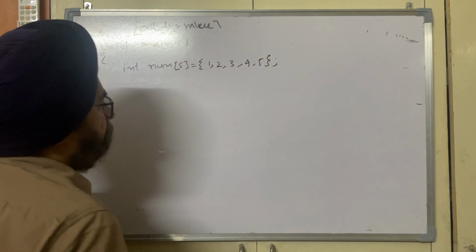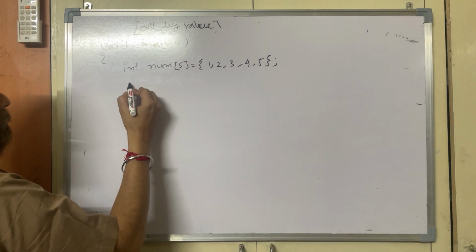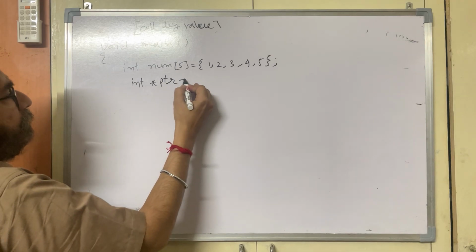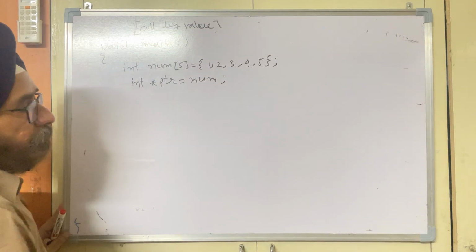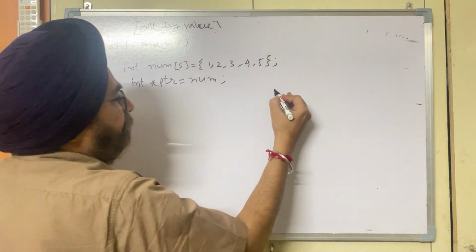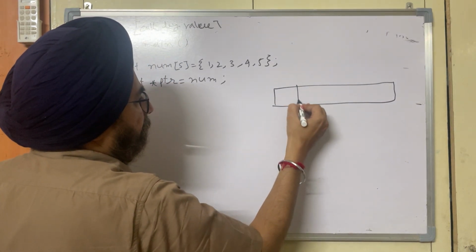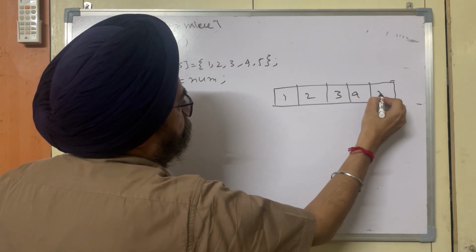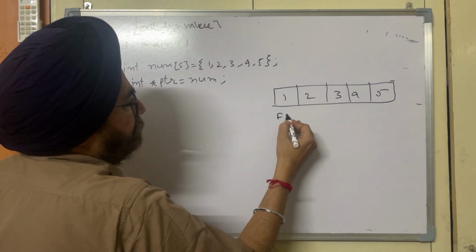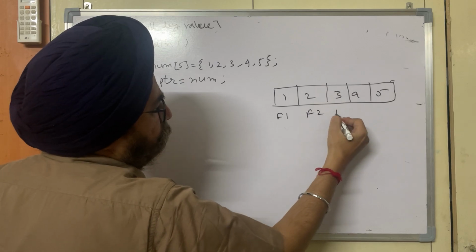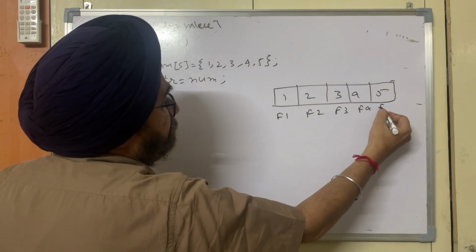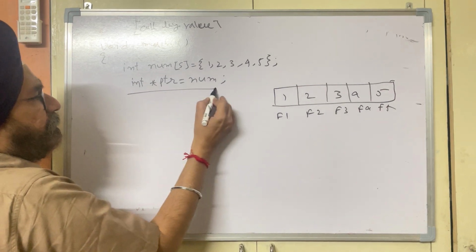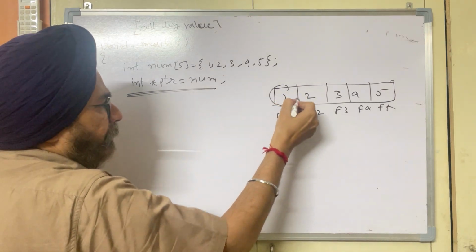Simply, I'm using the statement int asterisk ptr equals num. The addresses of these elements, suppose they are f1, f2, f3, f4, f5, are hexadecimal values. And this statement represents the first element's address.